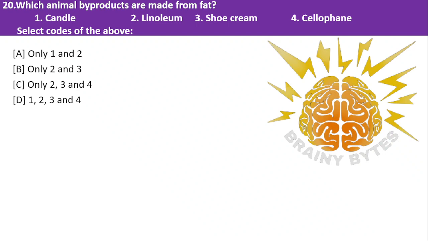Your options are: A. Only 1 and 2, B. Only 2 and 3, C. Only 2, 3 and 4, D. 1, 2, 3 and 4. The correct option is D, all 1, 2, 3 and 4.